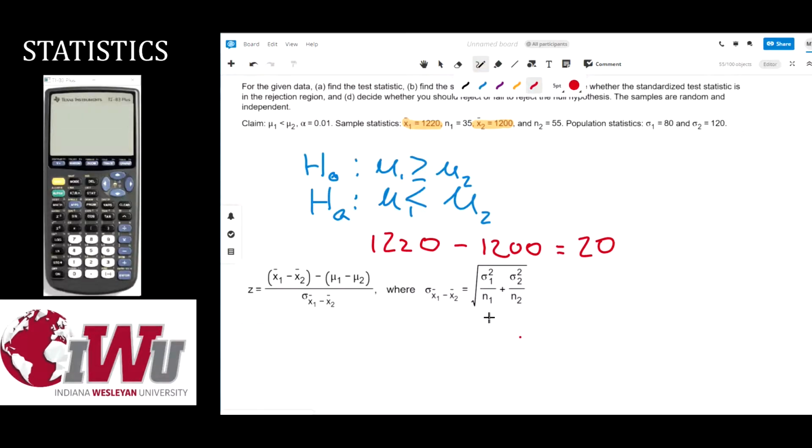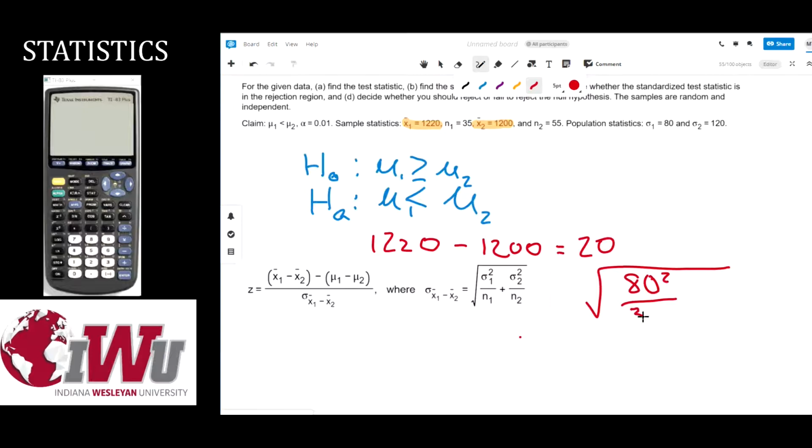This part here is going to be the root of 80 squared. Now where did I get the 80 from? The 80 is given right up here. And that's going to be over N1, and N1 is 35.